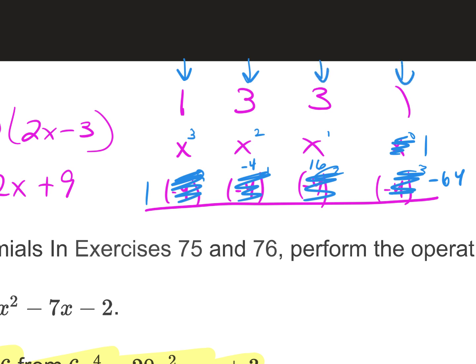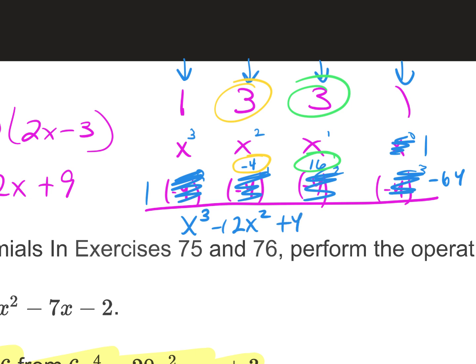So 1 times x cubed is x cubed. 3 times negative 4 is what? Negative 12x squared. 3 times 16 is what? So plus 48x. And then negative 64 times 1, minus 64.